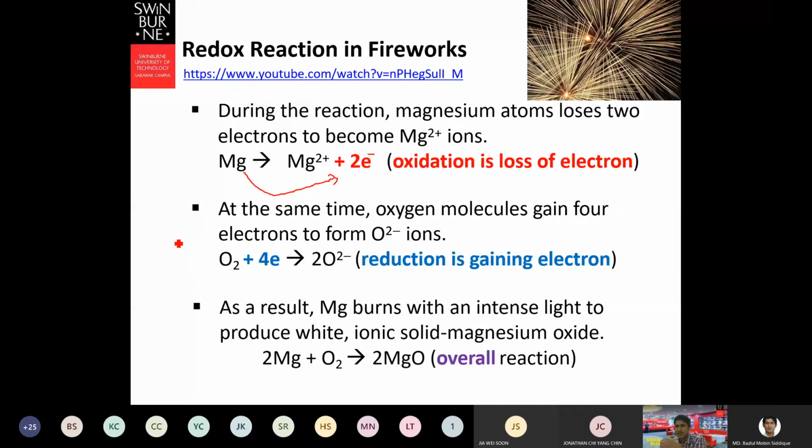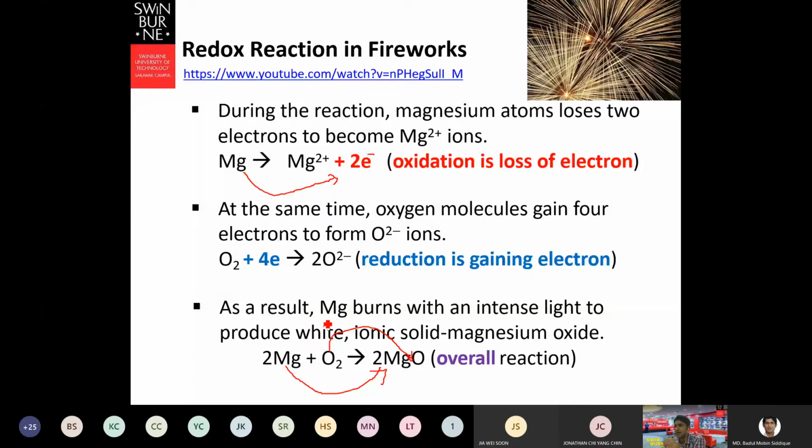Oxygen takes the exact amount of electrons, and it becomes reduced. The total reaction goes like 2 magnesium and 1 oxygen producing magnesium oxide, where magnesium is oxidized and oxygen is reduced.